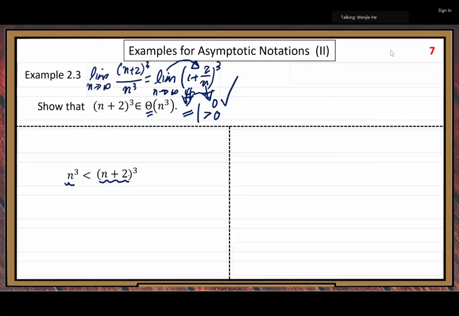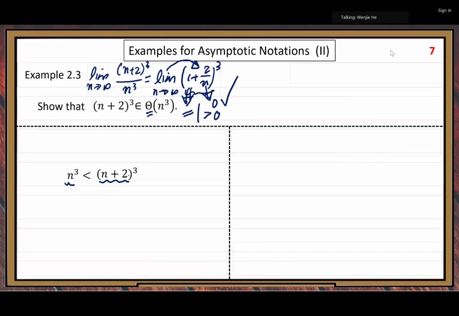When I do some algebraic operation here, I emphasize the number is non-negative. Okay, because if we have negative numbers, when we raise a negative number to a certain power, then we need to be careful.